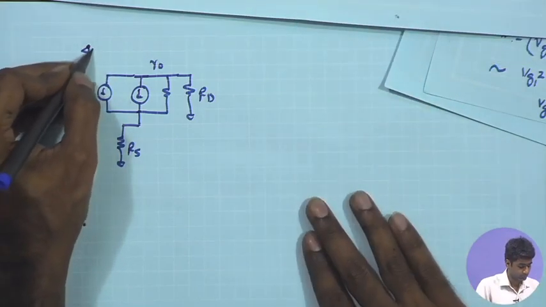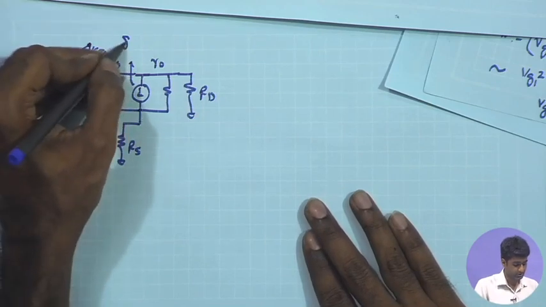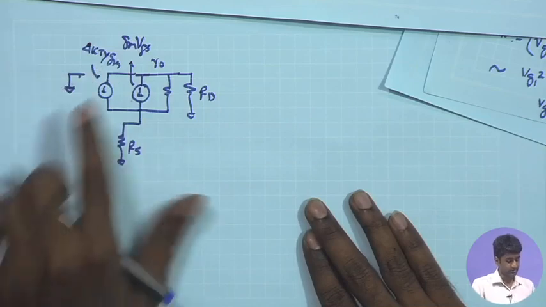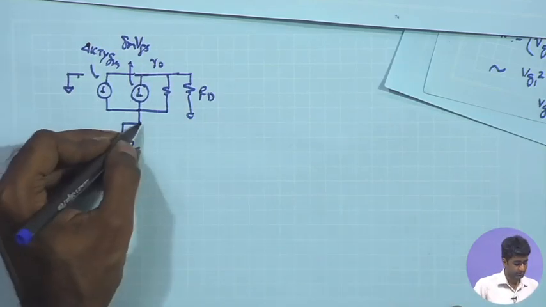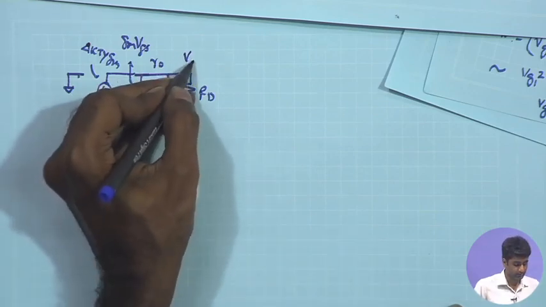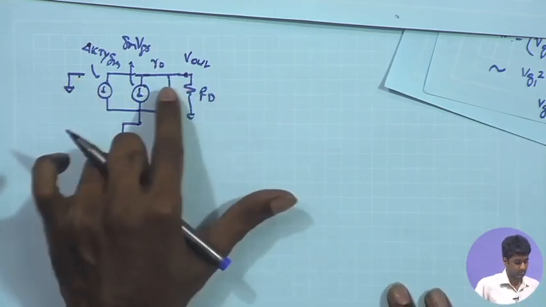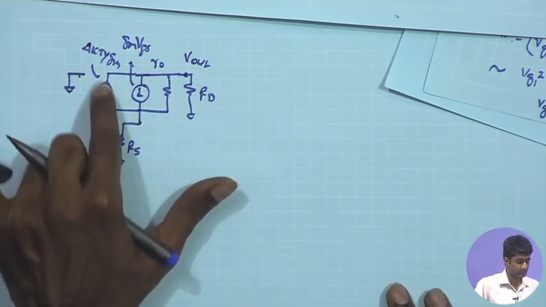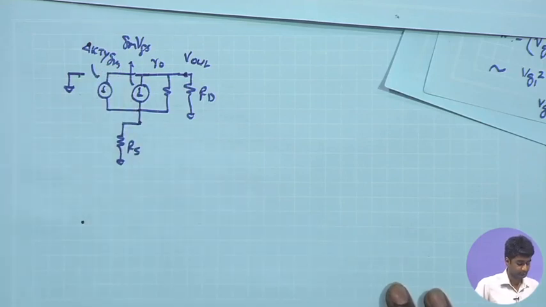So this is 4 kT gamma GM, and this is your GM VGS. VG is anyway 0, so it's just GM times VS, and based on this we can figure out what the output potential V out is going to be, and that gives me the exact expression for the V out dependency on the current produced by the channel noise.